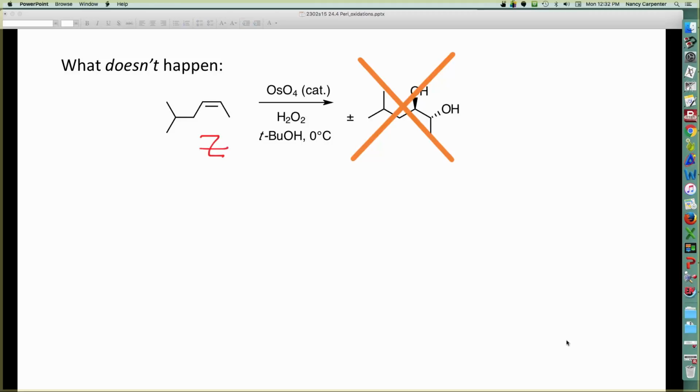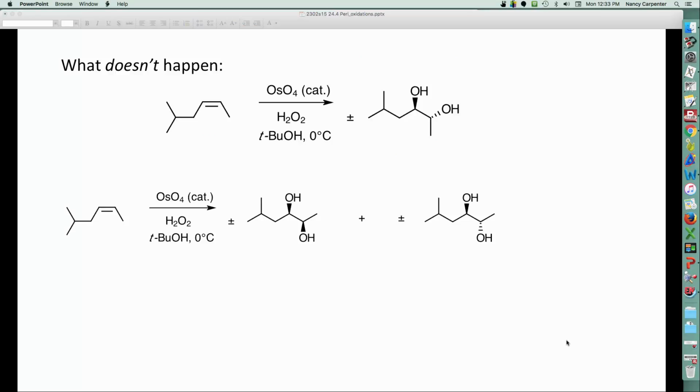Well, says who? How do we know that doesn't happen? Okay, so if I take my Z-alkene, do I get two products? Well, if I got both of these products, I would be able to tell, because they're diastereomers, and we know that diastereomers have different physical properties.